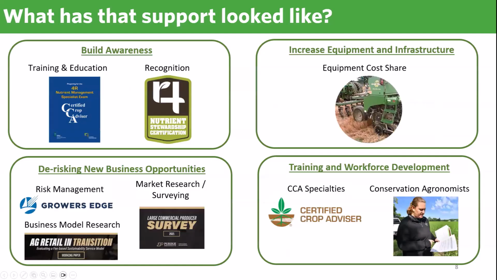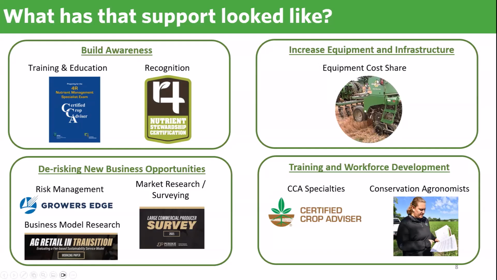So how does that look? When it comes to building awareness, we are supporting the CCA board with training and education. We are also supporting them when it comes to developing new certifications as well, that TNC is helping with. We have a few projects across North America.